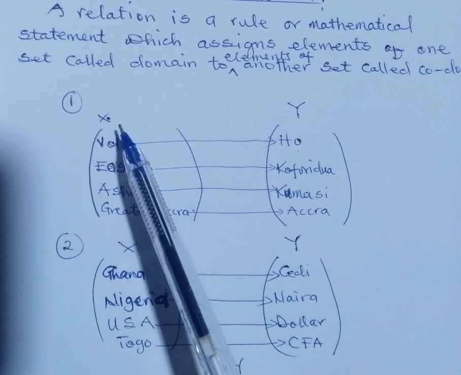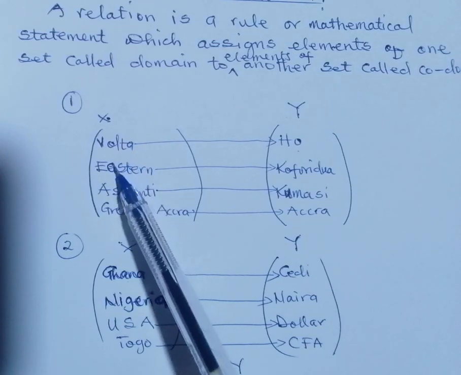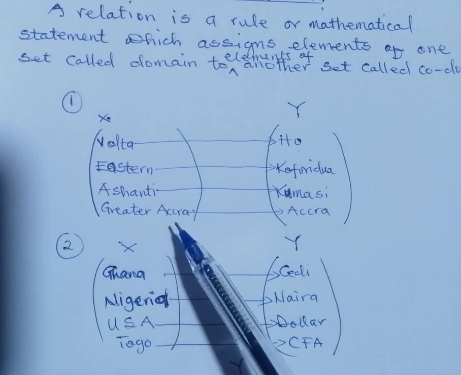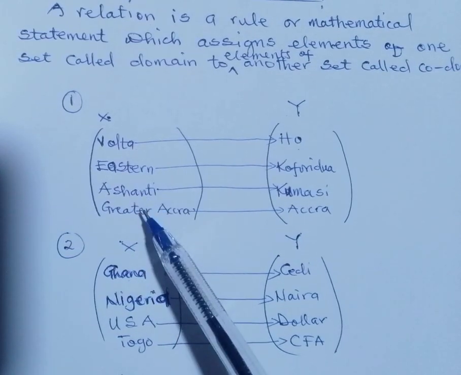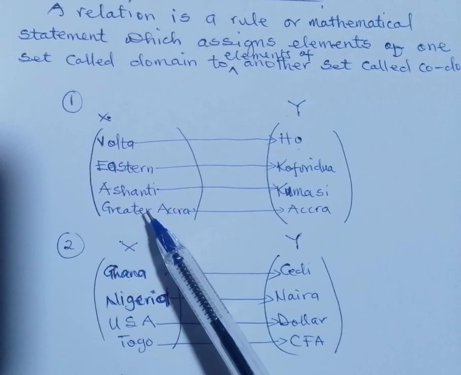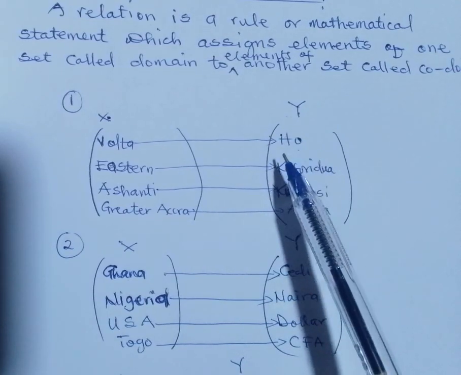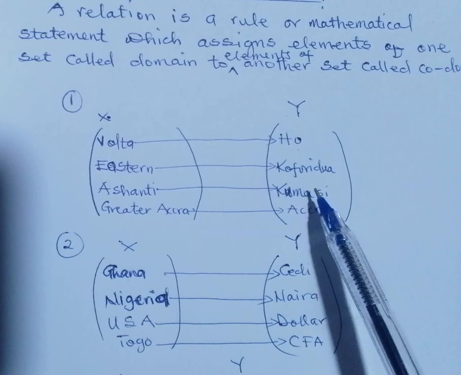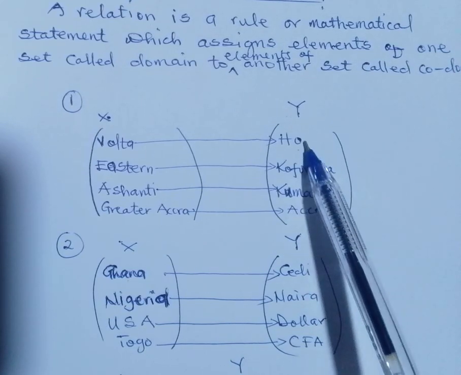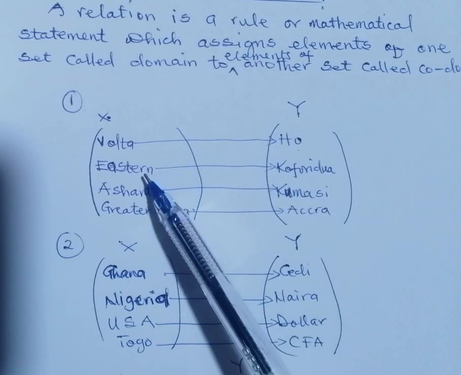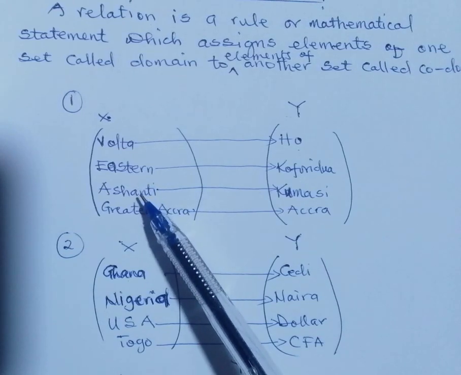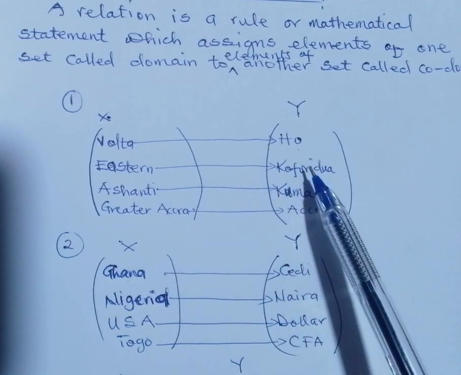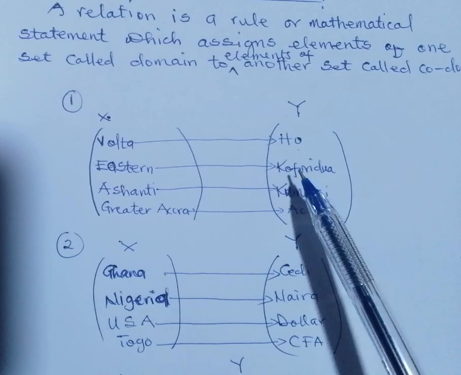So looking at the set of X, you see we have Volta, Eastern, Ashanti, Greater Accra. All these are the domain. And those elements of Y are referred to as the codomain. Since they are also dependent on the element of X, or the domain, we can also call them the dependent variables.